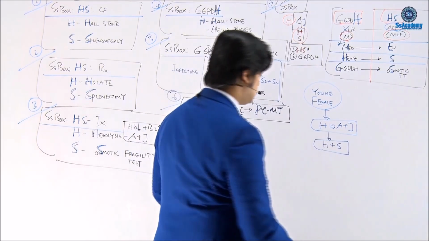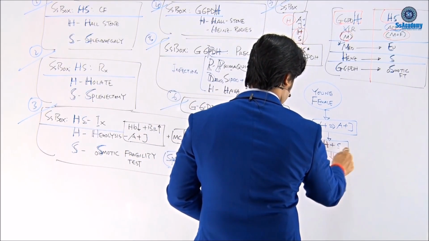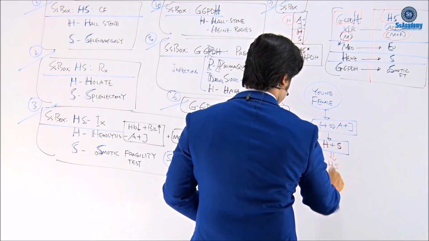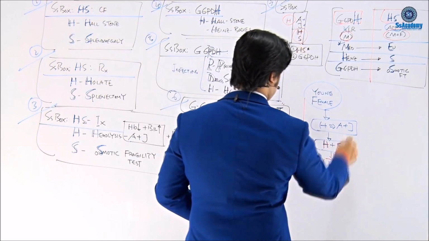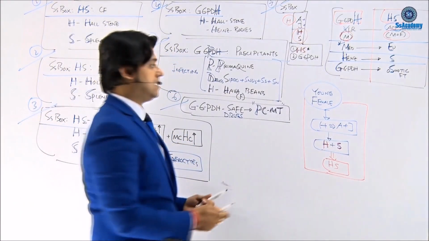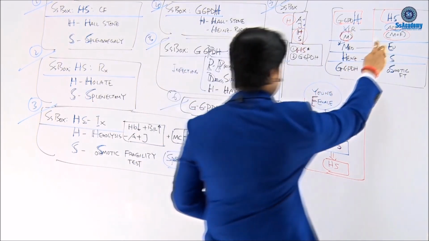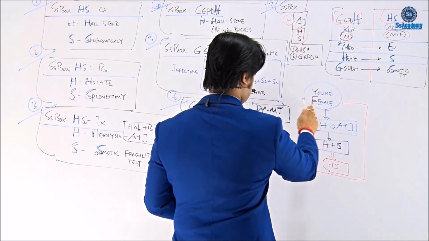So definitely the diagnosis is HS, the likely diagnosis. Young female, my dear, what I said, you see the female. Female means HS, hereditary spherocytosis.